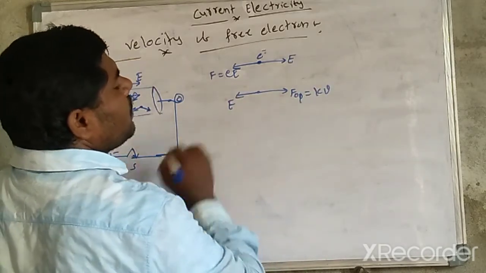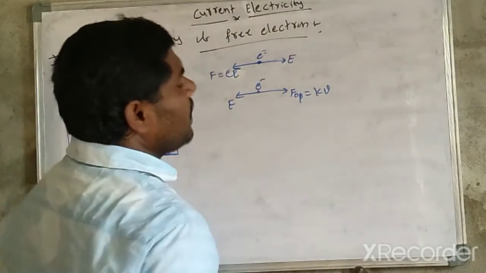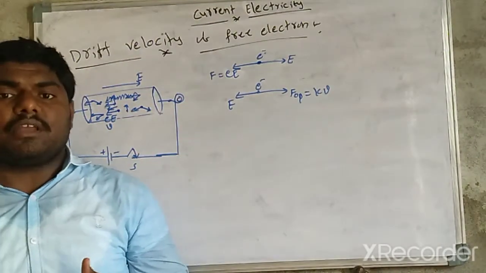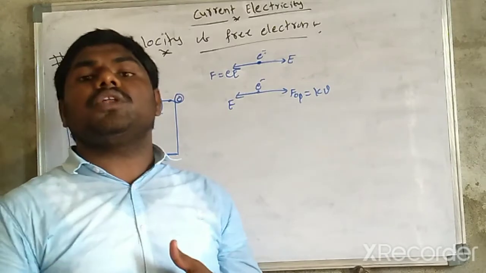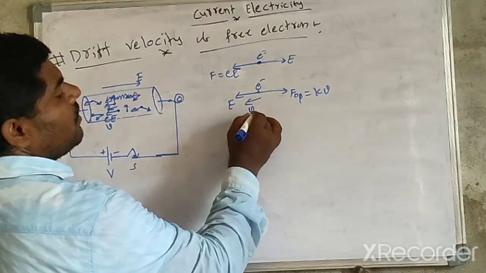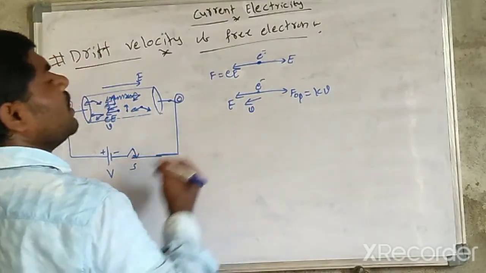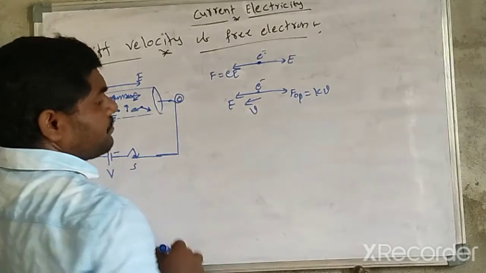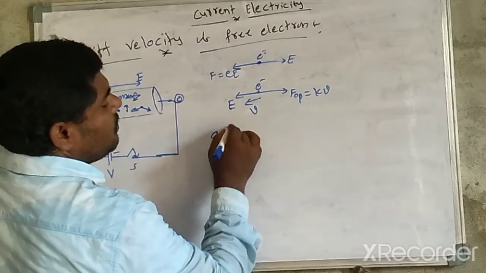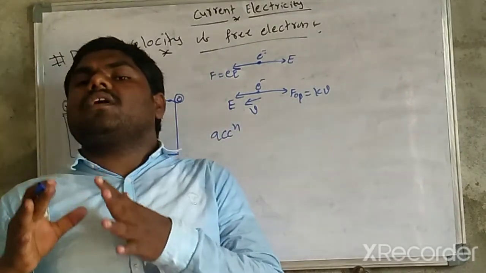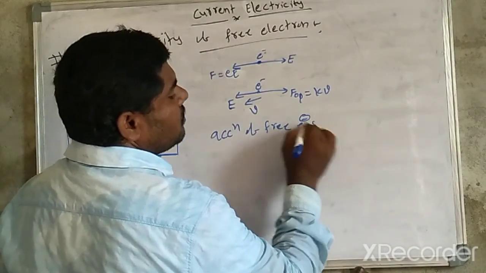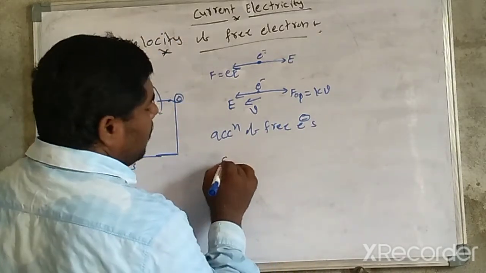The electric force eE and this force are equal and opposite in direction. So the acceleration of the free electron can be written as zero: the acceleration of a free electron, a, is equal to 0.